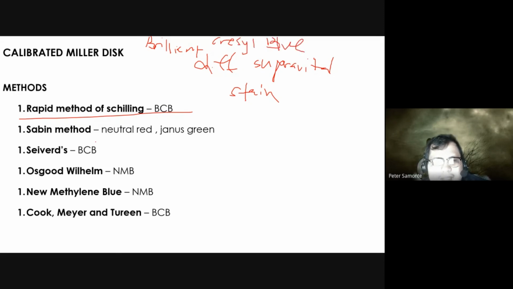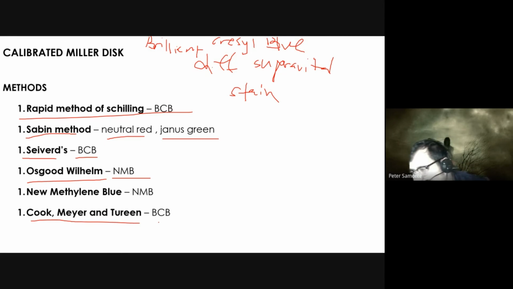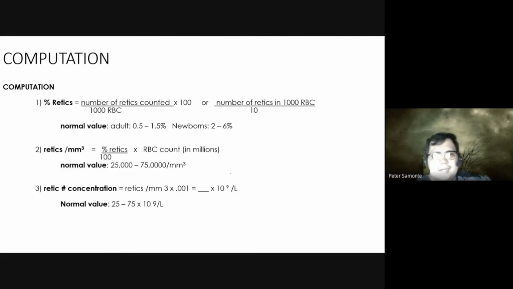So yan yung BCB. Then we also have your Sabin method, neutral red, Janus green, Savards, BCB din, Osgood, NMB, Cook, Mayer, and Turin would use BCB as well. All right, let's now proceed to your computation.